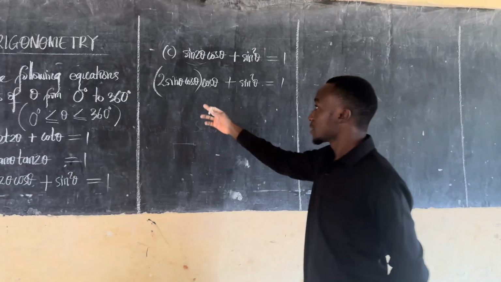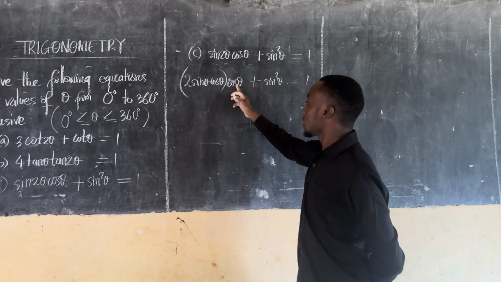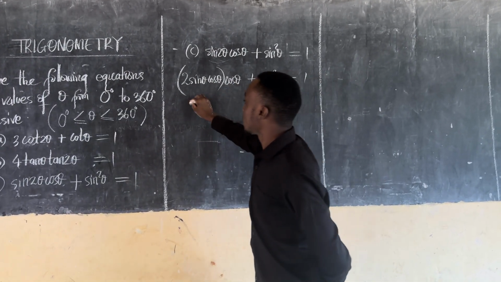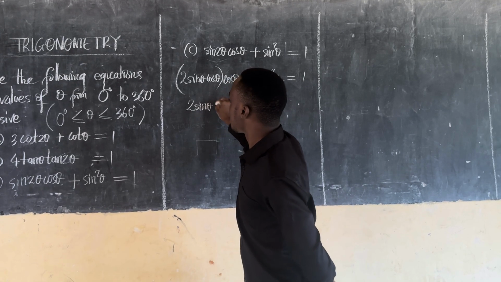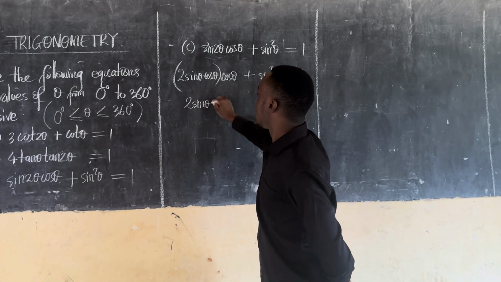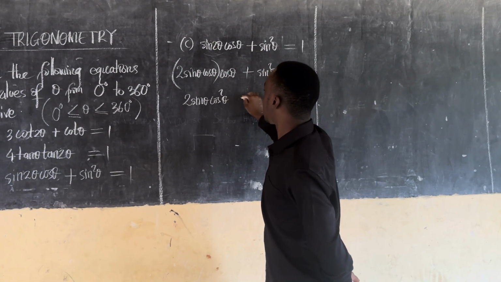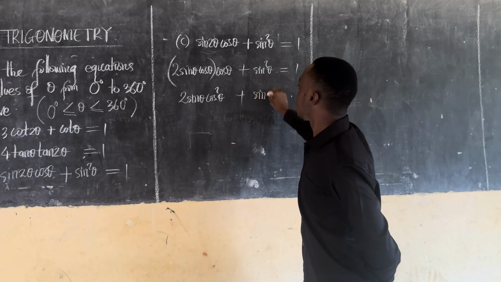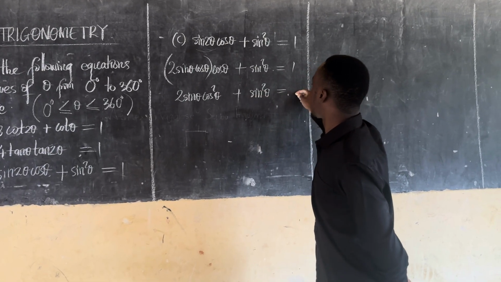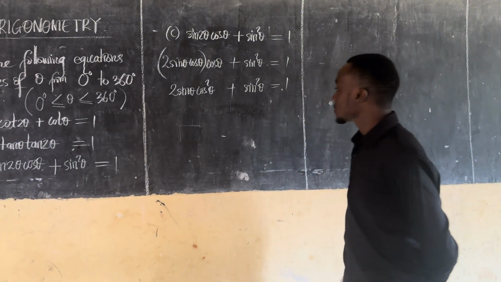So at this point, the cos theta will multiply with the cos theta. So this will give me 2 sin theta cos squared theta plus sine squared theta is equal to 1.